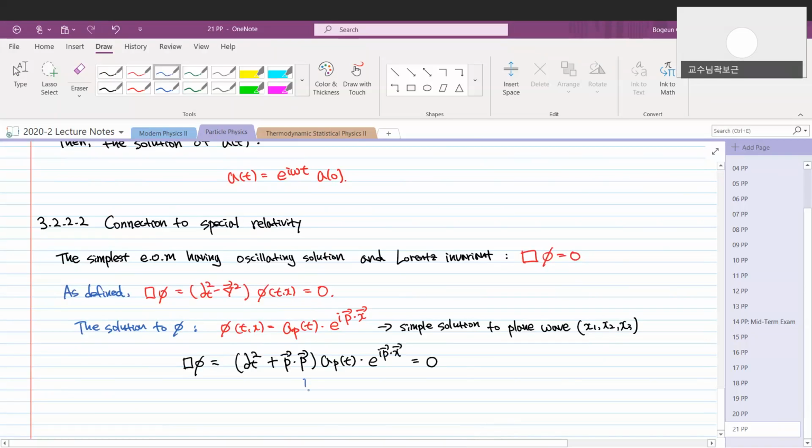Once again, p is also an operator, minus i partial x.